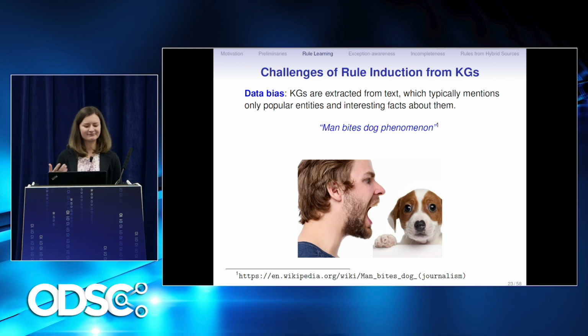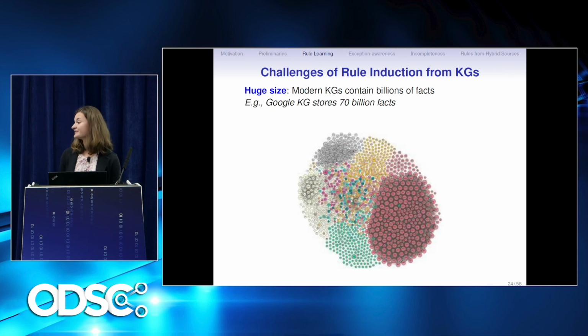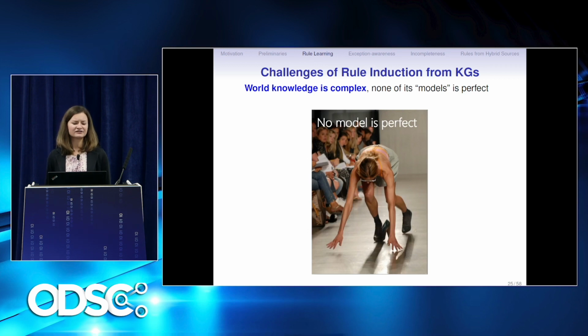That is why there is this bias of popularity. Another issue is, of course, the size. Modern knowledge graphs are enormous, containing about 70 billion facts. So, could we still do something about it? And of course, world knowledge is more complex than these perfect logical models that were introduced in the 90s.